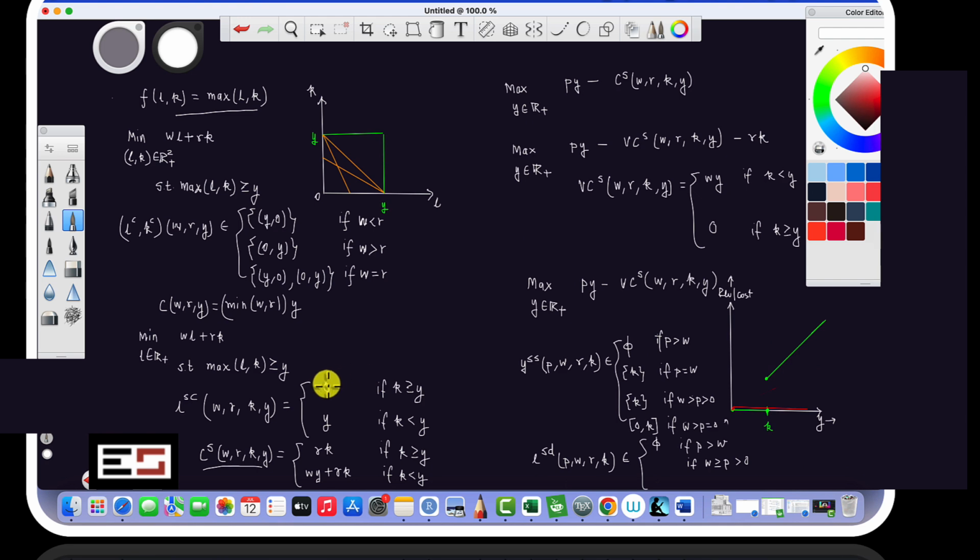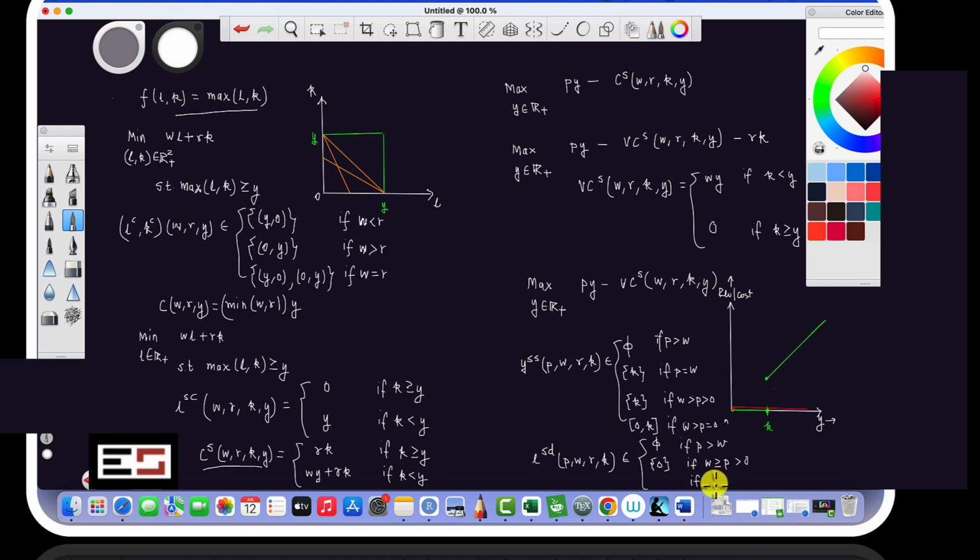And since your supply is k, your corresponding labor demand will be 0, because if w is greater than or equal to p, then we are in either this case or this case. In both these cases, your supply is k, so this case arises because y is less than or equal to k, in which case your labor demand will be 0.